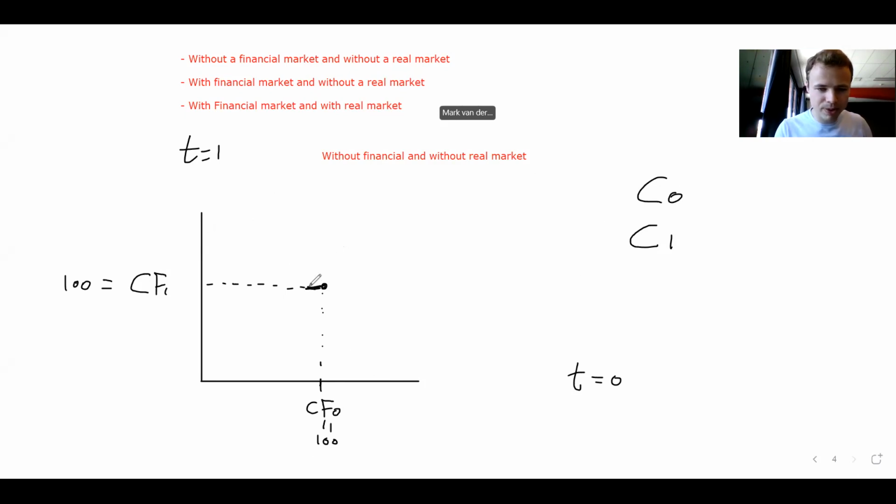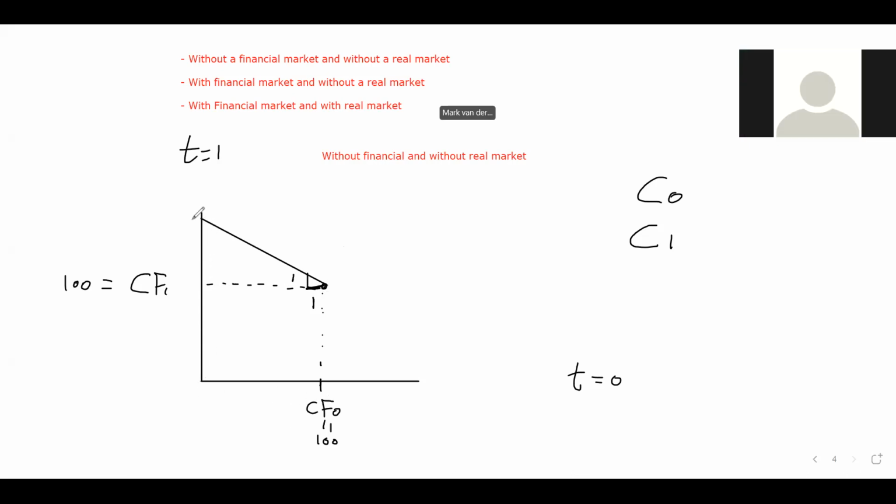But maybe you want to go one step to the left. If I go one step to the left, I consume 1 euro less, so I only consume 99 euro. But that means that I can consume 101 euro in the year after that. So the slope of this line would just be 1. And then my question to you is, what if I take it to the extreme? What if I save all the money I have today?